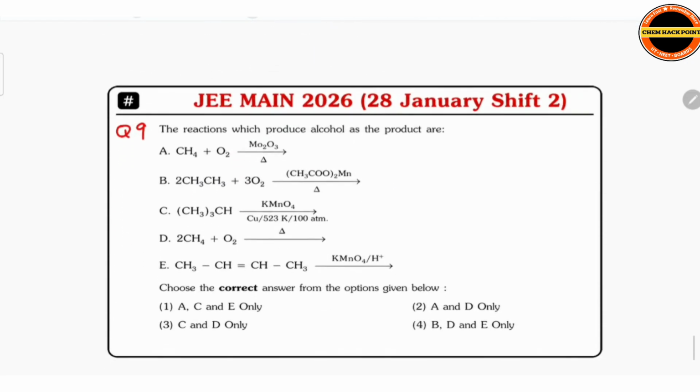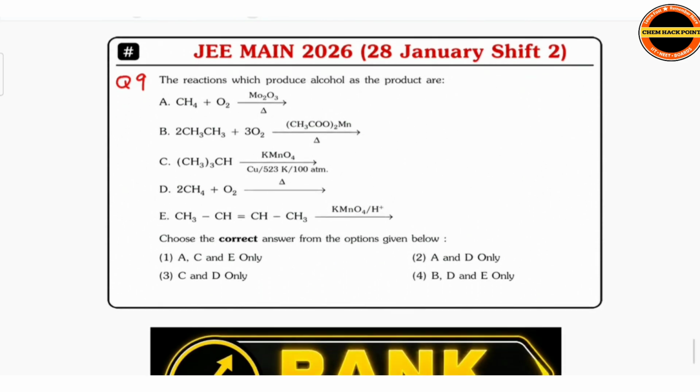Next, JEE Mains 2026 question, 28 January shift 2. That is this year's question. So direct reaction based questions these are. So you have to remember what we are getting in this case. These reactions you have to remember, you have to practice it. So here you will get formaldehyde, HCHO, not alcohol. If it is manganese acetate, it is oxidized to acetic acid.